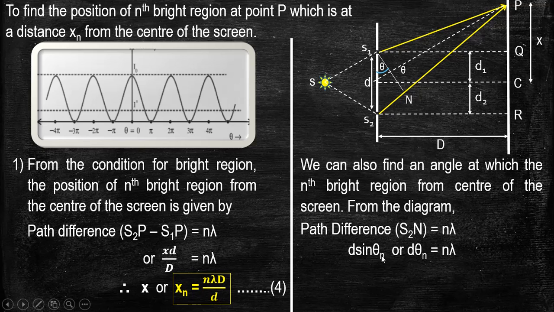If you put n equal to 1, theta will be the angle of the first bright region. If you take n equal to 2, then theta 2 becomes the angle of the second bright region.